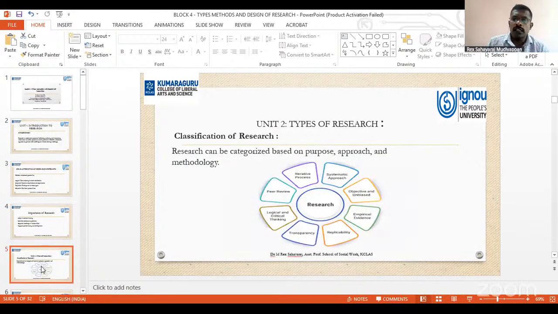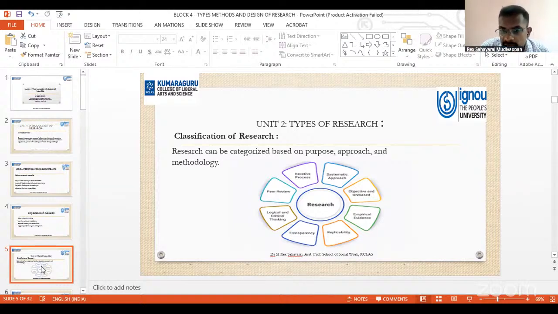And what are the types of research? The classification of research: research can be categorized based on purpose, approach and methodology, right? When you say research, it is a systematic approach, and it should be objective and unbiased.